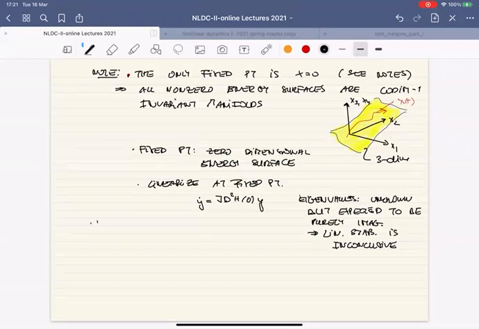So the thing to recall about the Hamiltonian is that because it doesn't depend on time explicitly, it is a first integral.